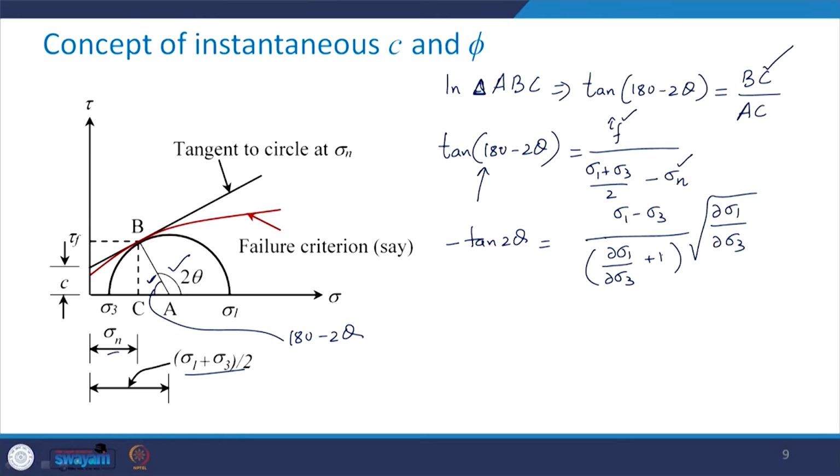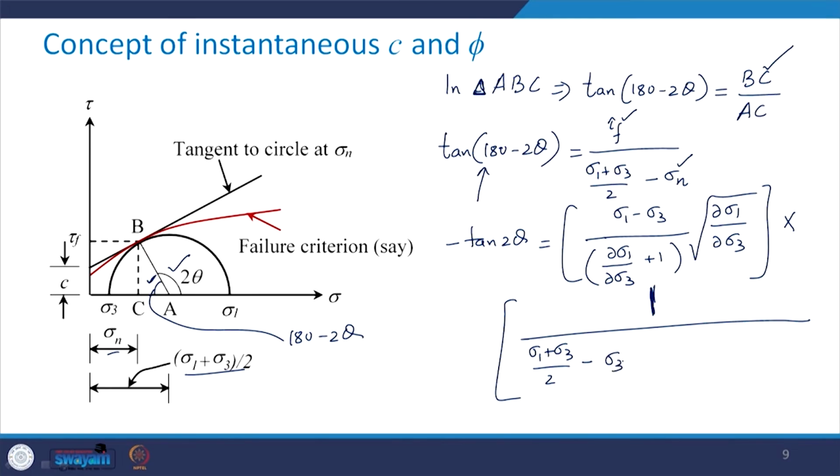This is what is your tau f, and this whole thing multiplied by 1 upon this quantity. So I will write it here, this is 1 upon sigma 1 plus sigma 3 upon 2 minus sigma 3 minus sigma 1 minus sigma 3 divided by del sigma 1 del sigma 3 plus 1. It is going to be this quantity, because sigma n we obtained is given by this expression.